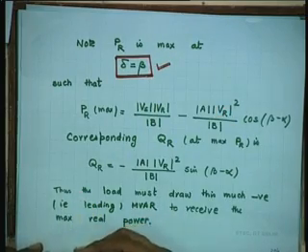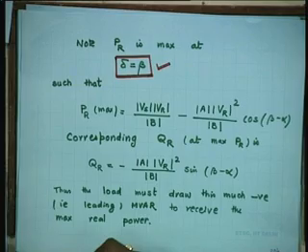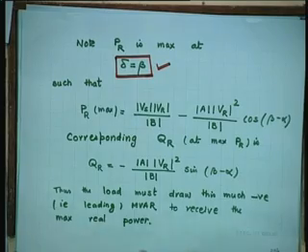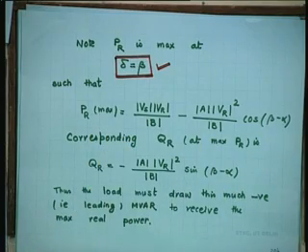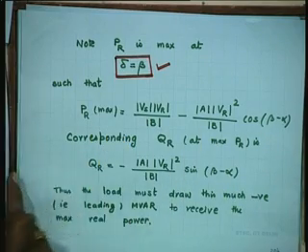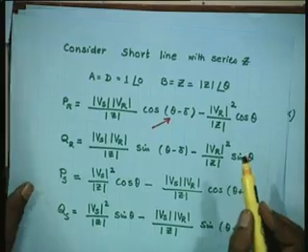So, if I ask you a question, derive the condition for receiving maximum real power at the receiving end, this is the condition, and you have to come up to this point, such that the value of PR max will be this, because this initial cosine 0 is 1. If you put this value here, what is this?